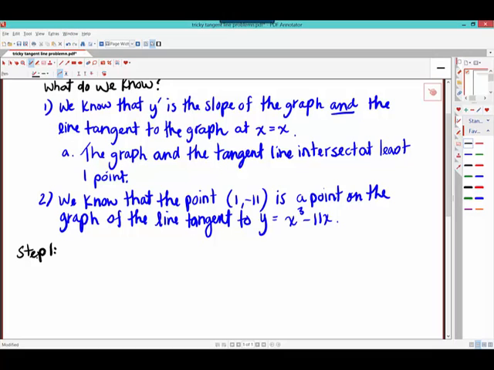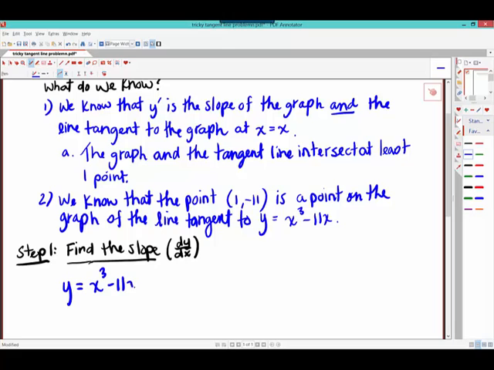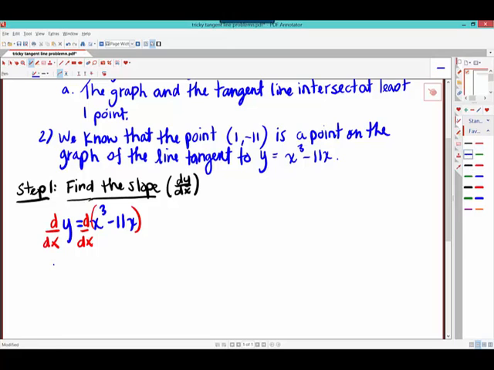So for step 1, why don't we find the slope? And that means we need to differentiate y with respect to x. So we start with our function, y is equal to x cubed minus 11x. And if we differentiate both sides with respect to x, what will we have?